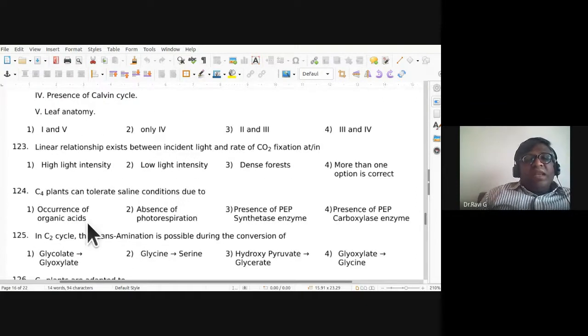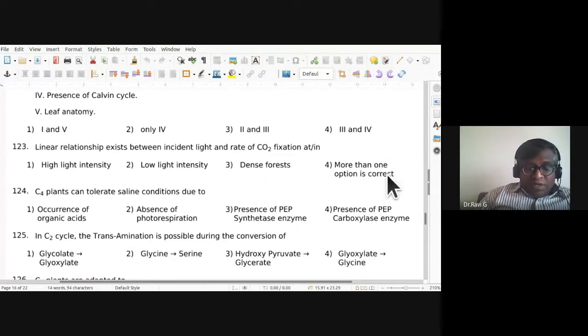A linear relationship exists between incident light and rate of carbon dioxide fixation. Incident light is directly proportional to rate of carbon dioxide fixation at high light intensity, low light intensity, or in dense forest.